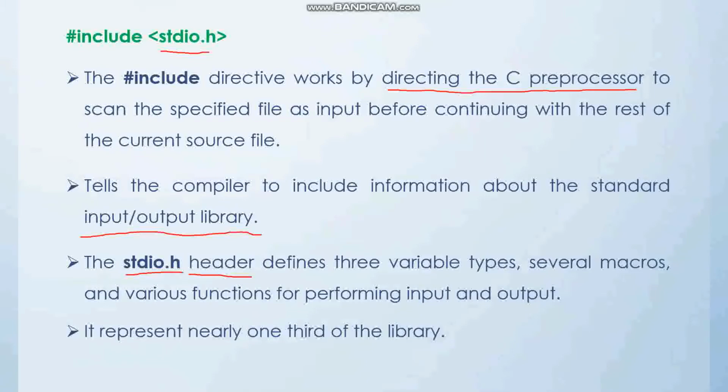It represents nearly 1/3 of the library. So it means there are some predefined functions and macros, which can be used by us directly in our program. So we need to include this header file in the very beginning.